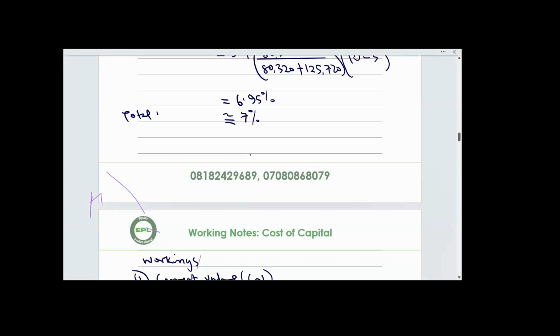It could be net assets. You can also say capital employed is debt plus equity. Whatever it is, certainly the examiner will give us the information in the question that will enable you to know which one to use.